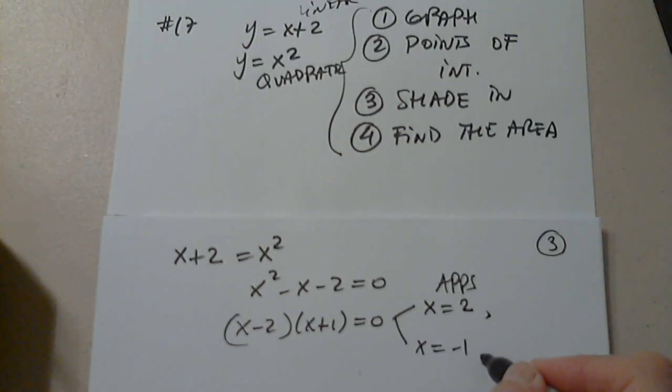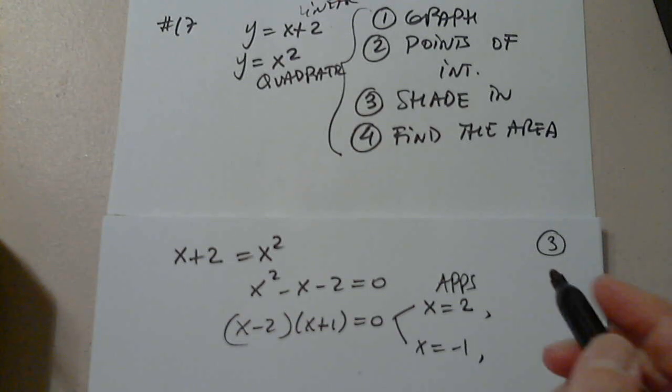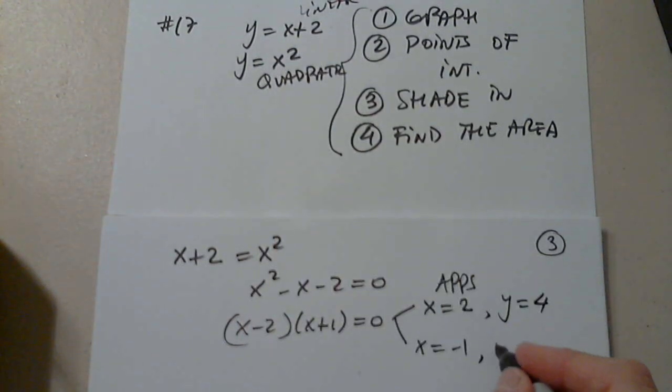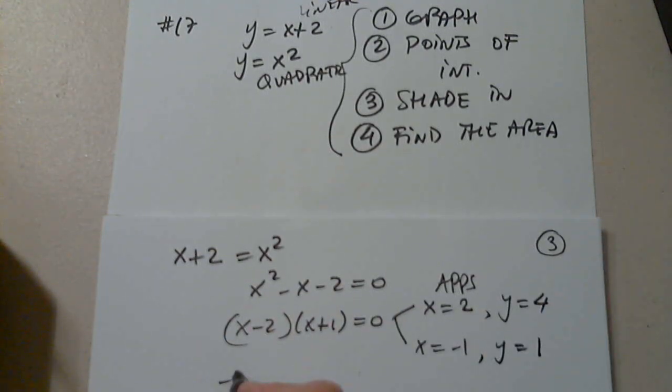Now, you can determine the y coordinate. When we plug in 2 here, 2 squared is 4. And when we plug -1 in here, y equals 1. So the points of intersection are clear. One of them is -1, 1, and the other one is 2, 4.